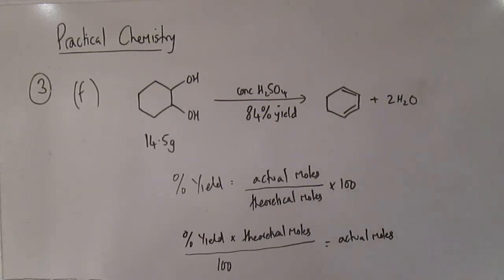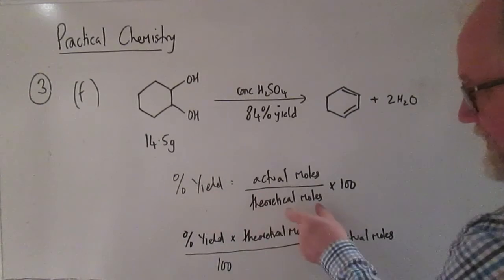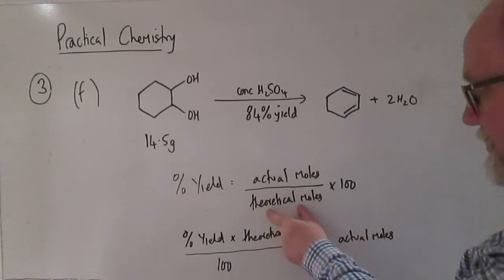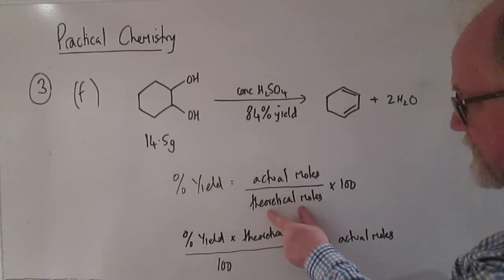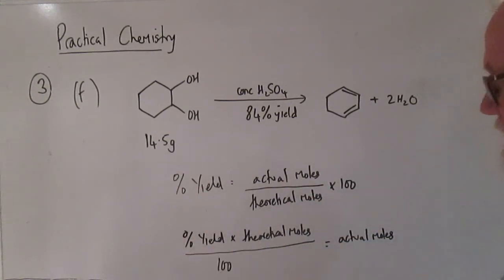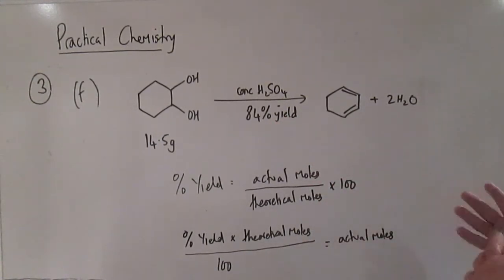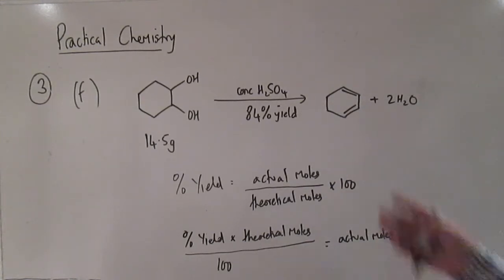And you can either do that just by doing the usual thing, sliding things diagonally from one side to the other, so theoretical moles slides from the bottom on the right hand side to the top on the left, and this goes from the top on the right down to the bottom on the left. Or you can just think of it as 84% yield means that you actually get 84% of what you theoretically would have got, and that leads you to the same answer. So however you think of it, this is what you need to get.